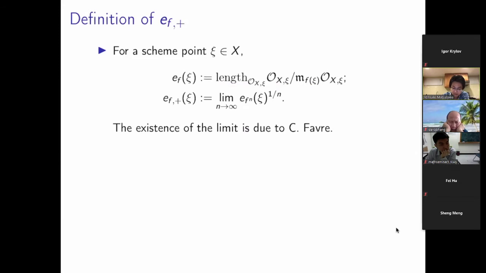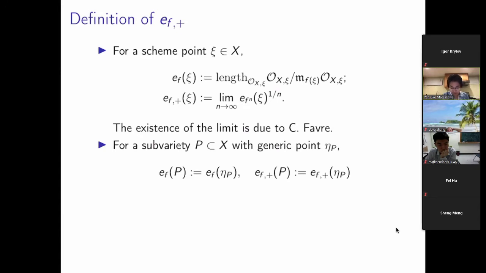And E_F plus of C is the average of this guy. So this is a sort of average multiplicity of F at C. And the existence of this limit is actually very non-trivial. It involves a lot of things. And this is, I guess, first proved in the thesis of Shari Faber. I don't know, maybe. And this is just a notation. So for subvariety P, E of P is defined by taking a generic point of P, and we define it in this way. Okay, so this is just a notation.